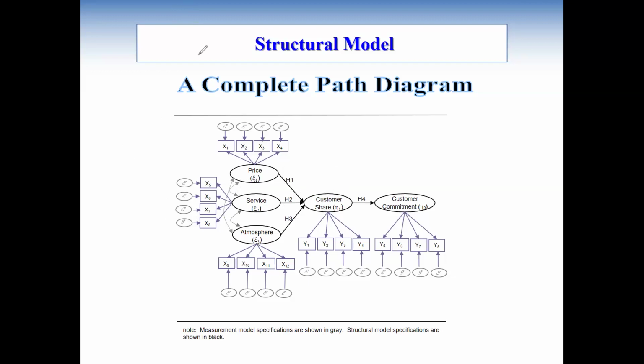Now the question is how and when we should use structural equation modeling. When you want to apply structural equation modeling in your research paper or thesis, there are three options. First, you can use an existing or tested scale.